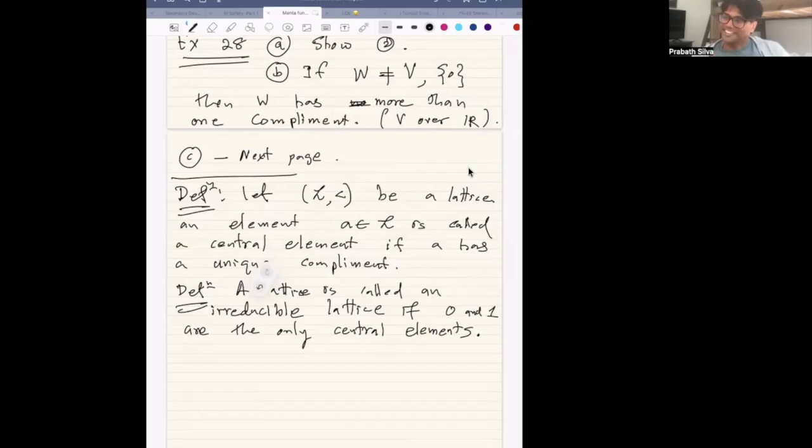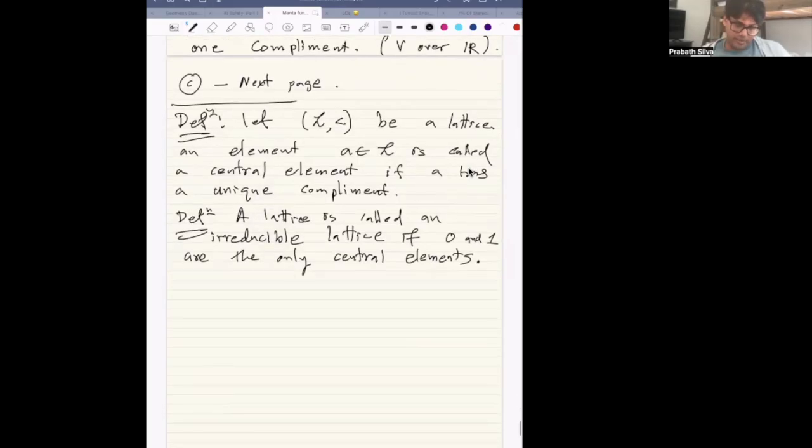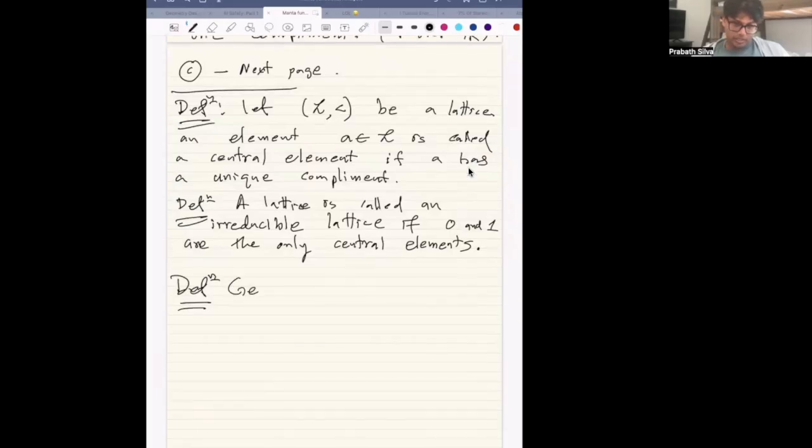Now, here is the definition. And this one, you look at it and then you kind of walk around for a couple of days. Geometry.